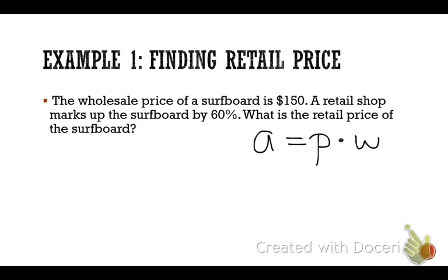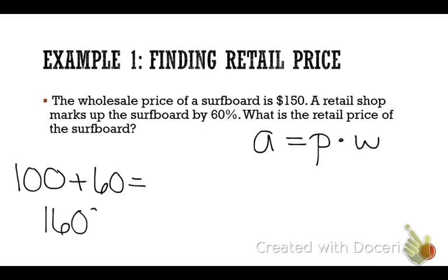But in order to figure out P, I have to compare it to 100%, and now since this is a markup, I'm going to add 60%, which gives me 160%. Okay, so basically what I'm saying is my final price is going to be 160% of my original price. So plug in 160% as a decimal in for P.